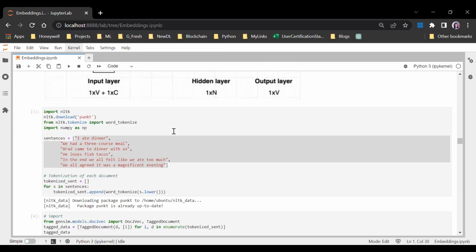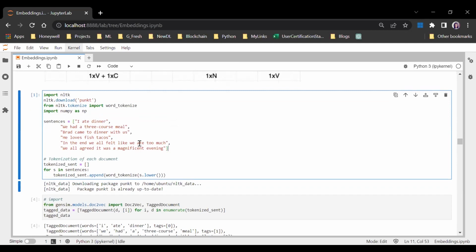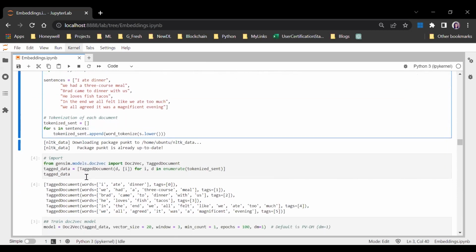And if we want to implement it, let's say we have this set of sentences here. The first and foremost requirement will be to tokenize these sentences. So we use a word tokenizer. We will pass all these sentences to this word tokenizer, and it will generate the tokens for each of these words. And for doc2vec, we need to even tag these words, like which sentence in the entire corpus this particular word is coming from.